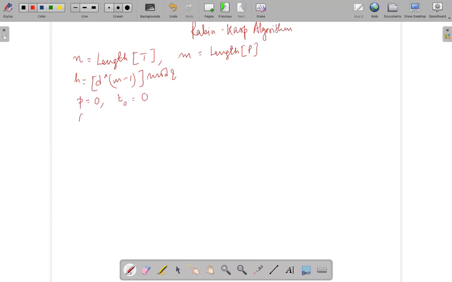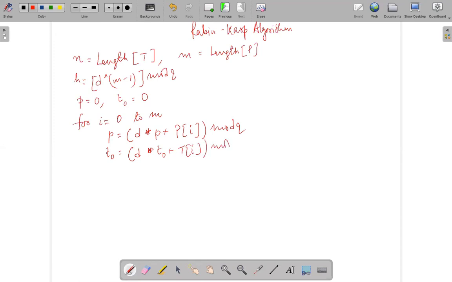Okay. Now for i equals 0 to m, we compute the first two things. p is equal to d into p plus pi mod q, and t0 is equal to d into t0 plus ti mod q.